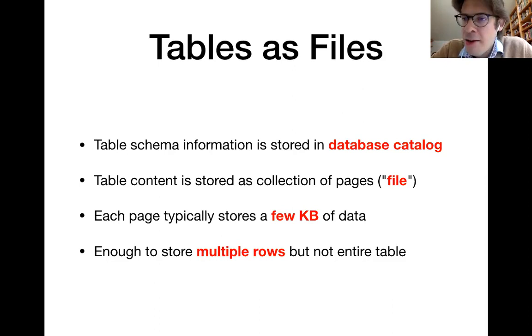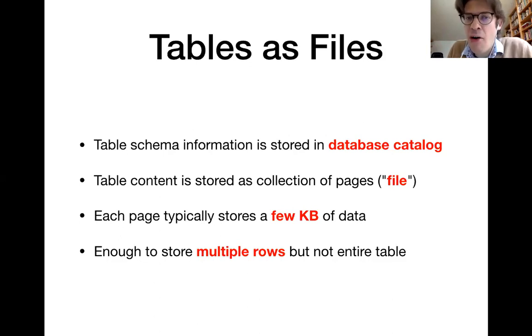So one of those pages is typically not large enough to fit all the data from a relation, but it is typically large enough to store multiple rows from one relation. So that means that in order to store one table, we have multiple pages where each page stores multiple rows.